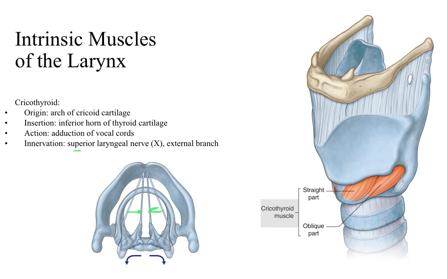The innervation is the superior laryngeal nerve, which is part of cranial nerve 10, specifically the external branch. What this muscle does is tilt the thyroid cartilage forward a bit and put tension on the vocal cords.